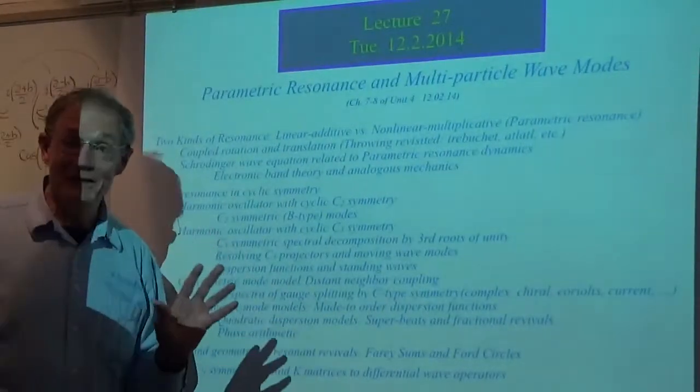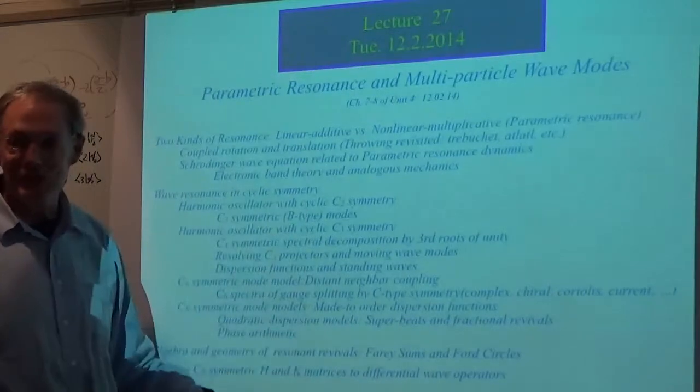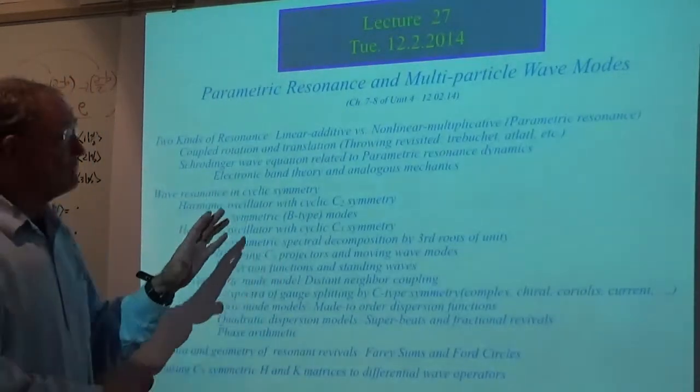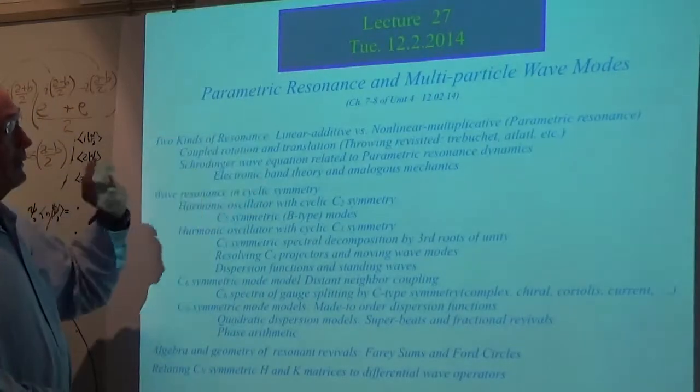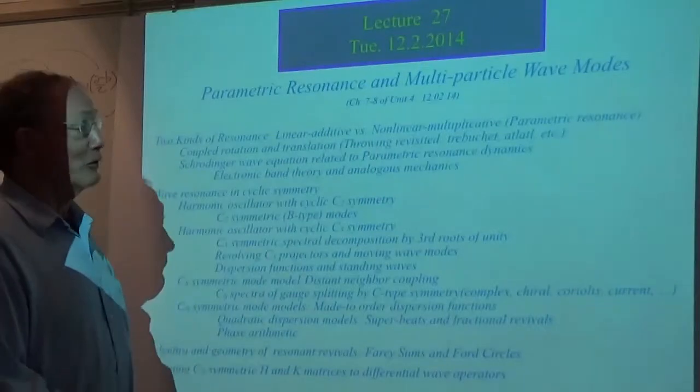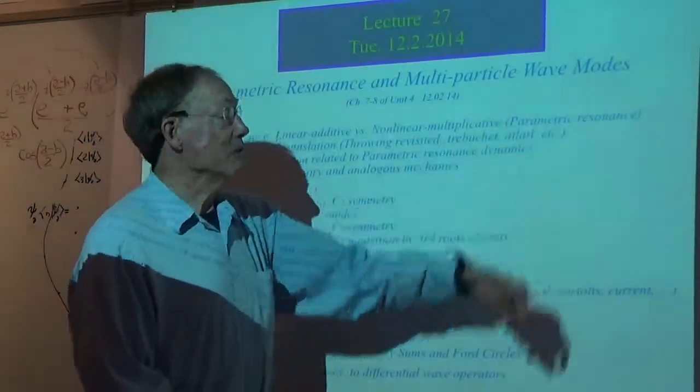Okay, we're not going to waste any time because we've got a big deal here, and it breaks into two parts. The first part is a discussion of linear versus nonlinear resonance, or so-called parametric resonance.